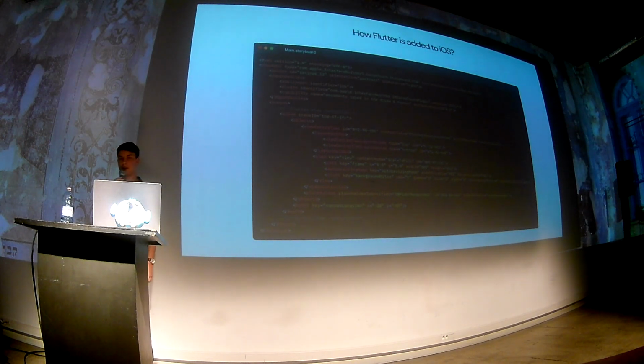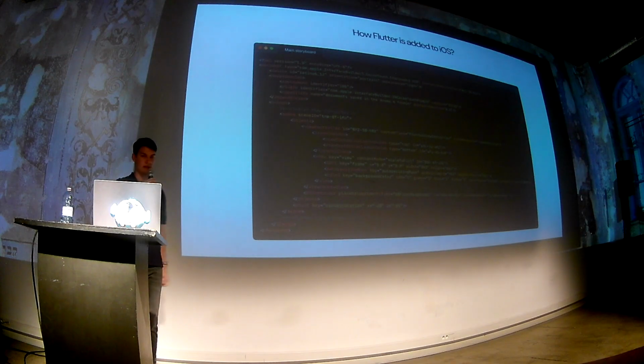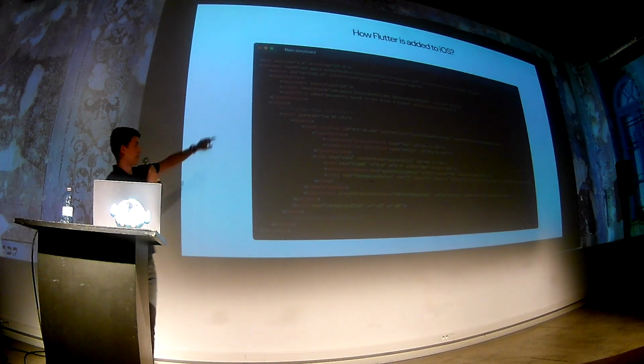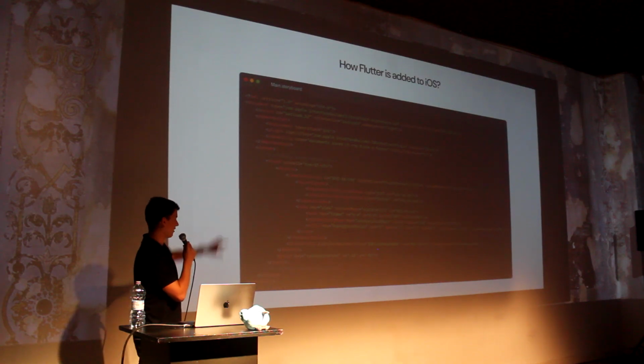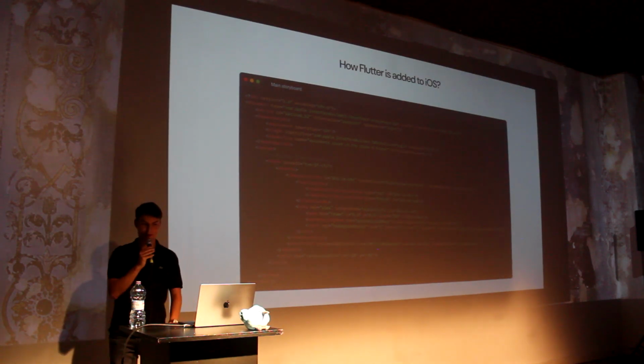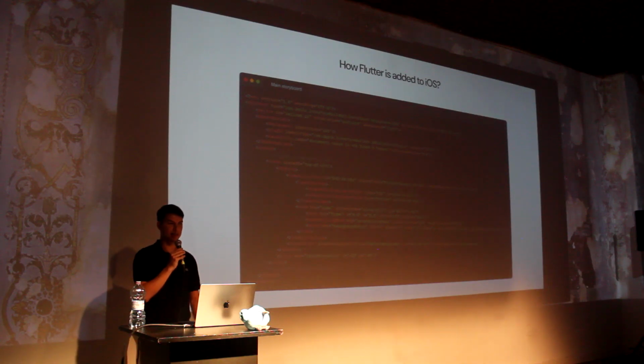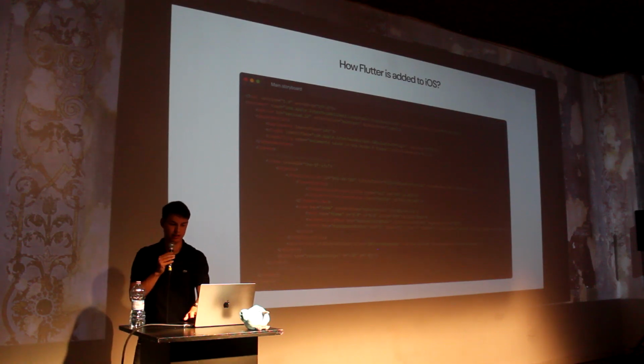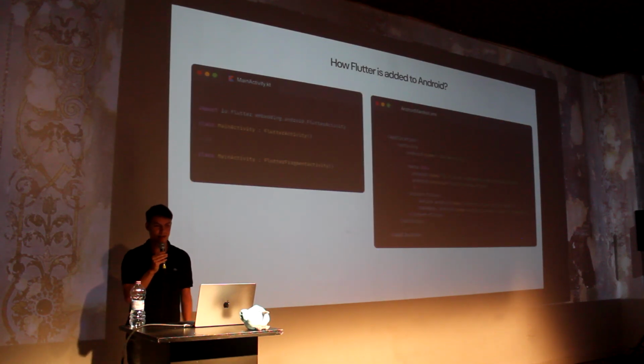And if you go to the iOS directory, in the main storyboard, you will see Flutter view controller, which actually handles the whole flow, and we are going to do the same in our case. On Android, it's the same.